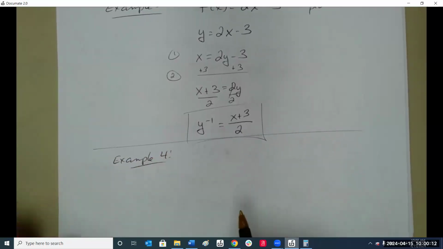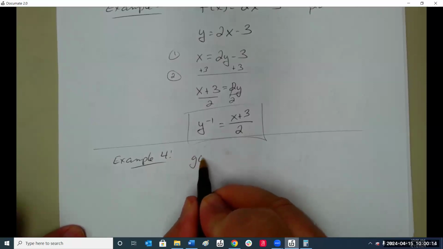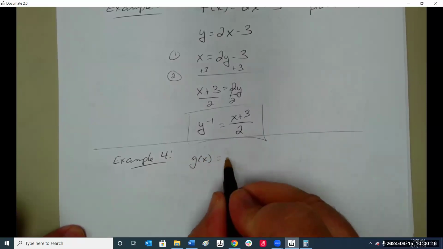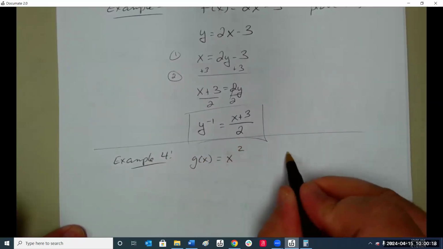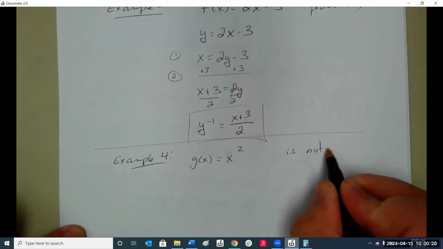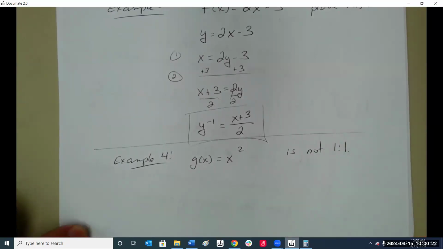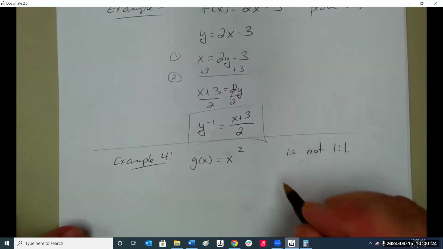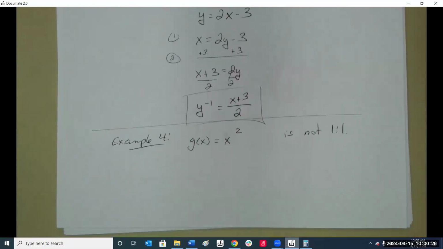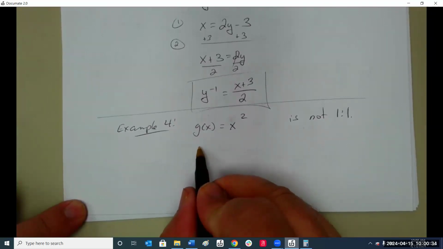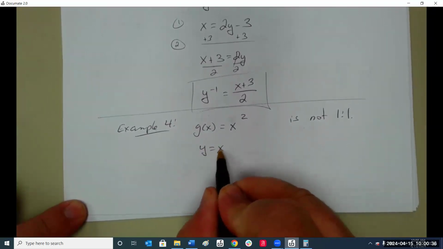Example 4. Prove that this function is not 1-to-1. First off, we got to find the inverse, see if it exists.